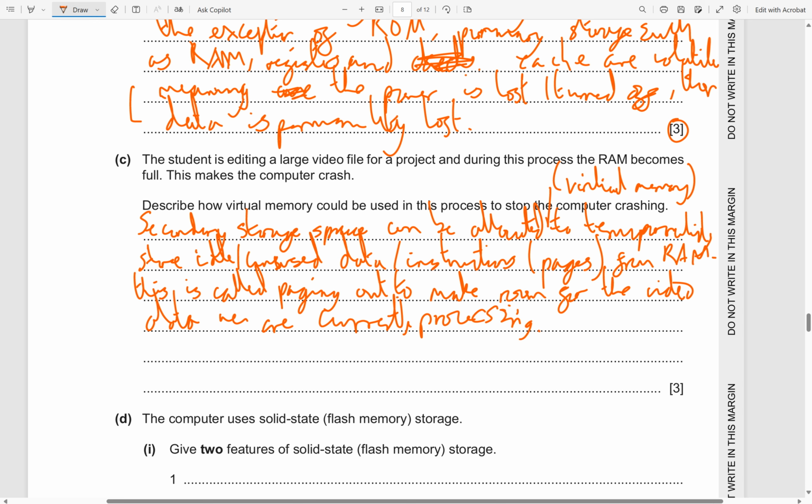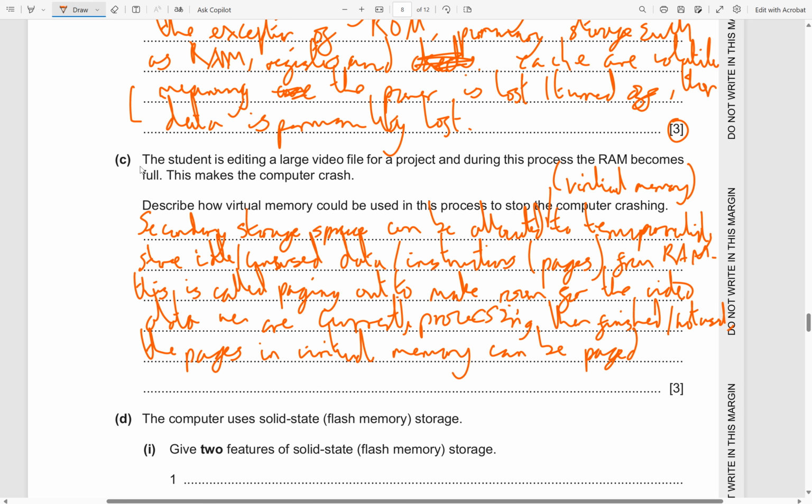Okay, and then let's talk about paging back in. So let's say when finished or not needed, when finished slash not used, the pages temporarily stored in virtual memory, the pages in virtual memory can be paged in, or loaded back, paged in to RAM, where they can be accessed again by the CPU.